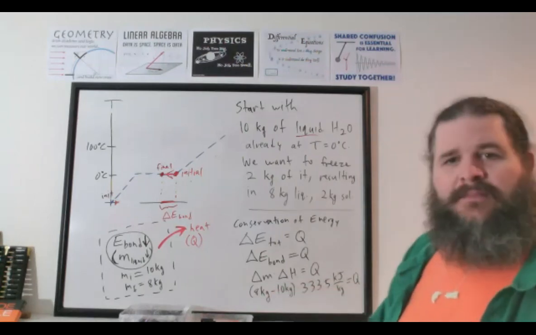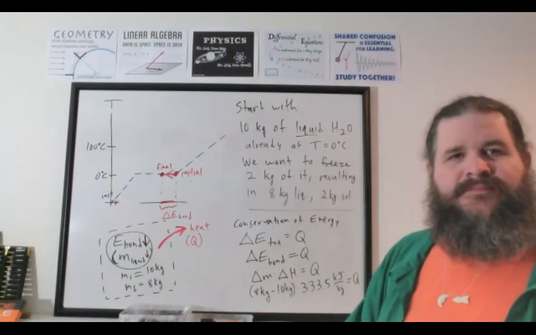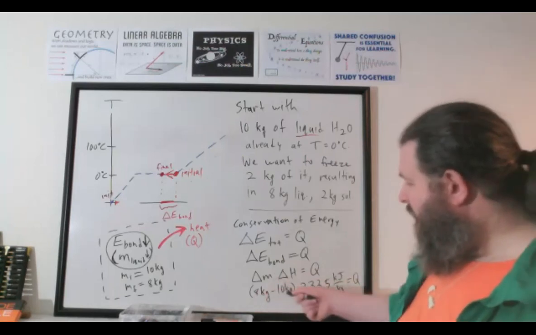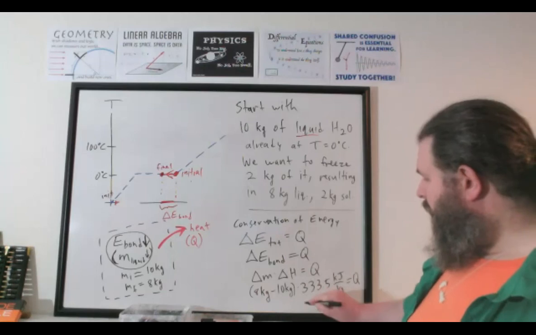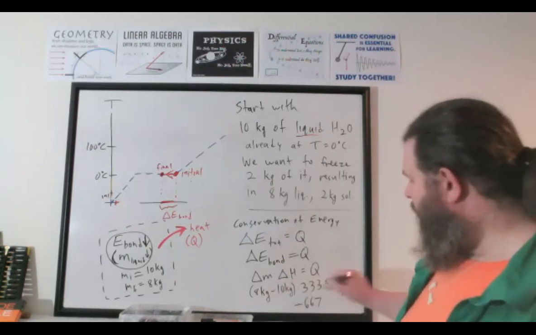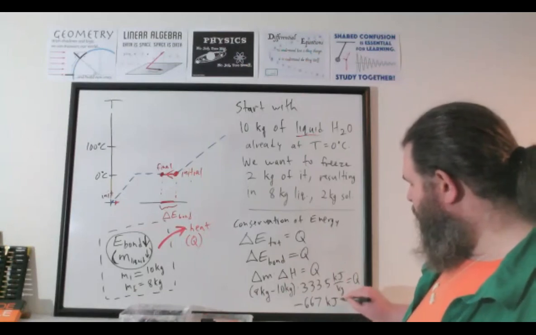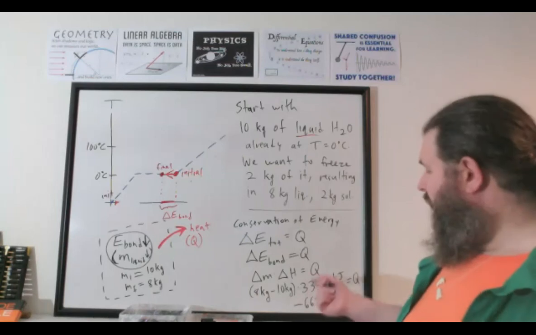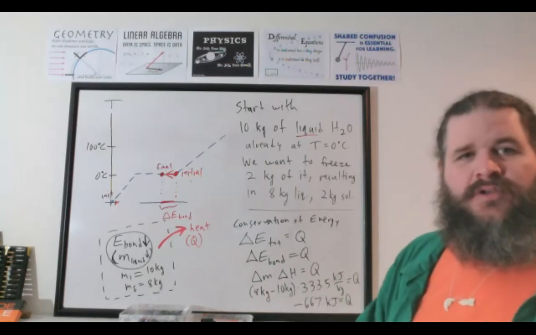Eight minus 10 is going to be how much? Yeah, so -2 times 333.5 will be negative 667. Kilograms canceled out, so we just get kilojoules. So the amount of heat required to make this happen is negative 667 kilojoules.